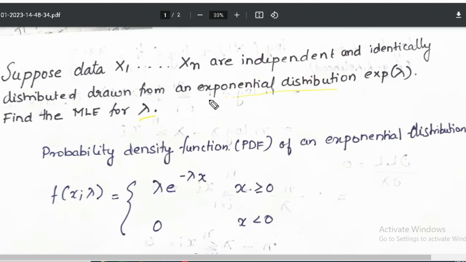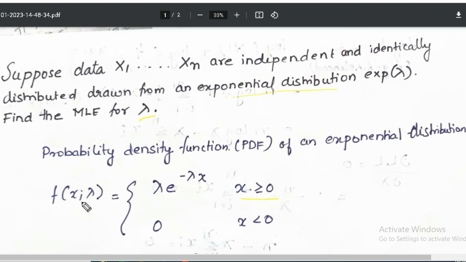Here exponential distribution is provided, so you should know the probability density function, that is PDF, of an exponential distribution. The probability density function for an exponential distribution is written as f(x; lambda), which is equal to lambda e raised to minus lambda x when x is greater than or equal to 0, else it will be 0.